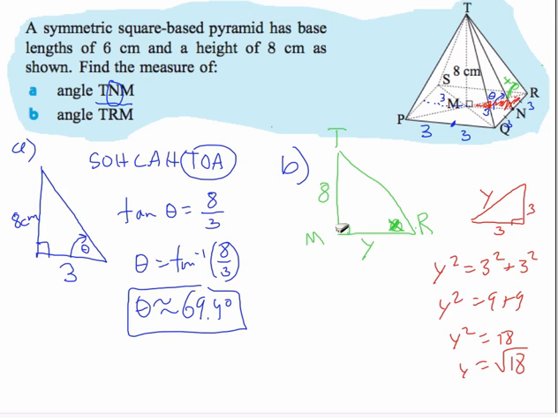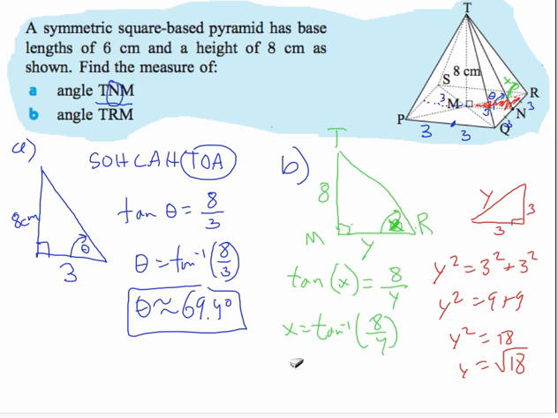Then I'm going to go back to this green triangle here and solve for the angle x. In this triangle we have opposite and adjacent, so again we're going to use tangent. So tangent of the angle x equals 8 out of y. So x equals inverse tan of 8 out of y.